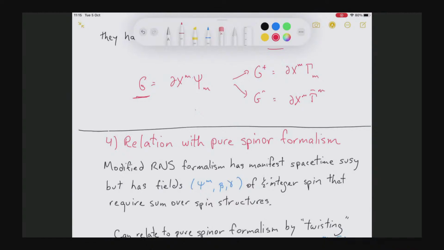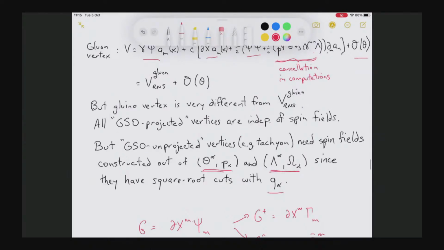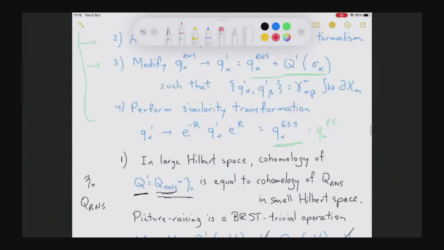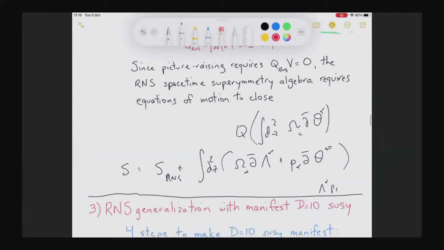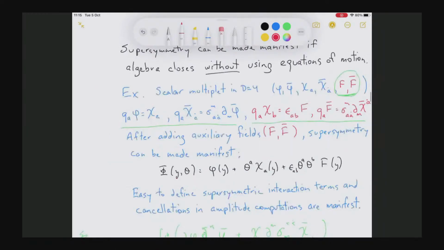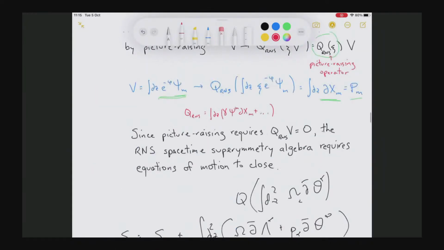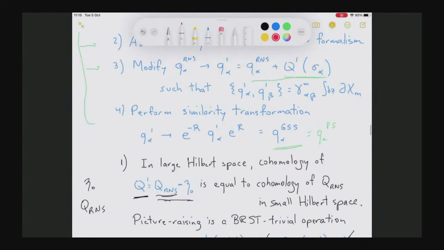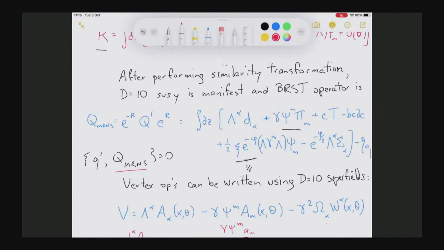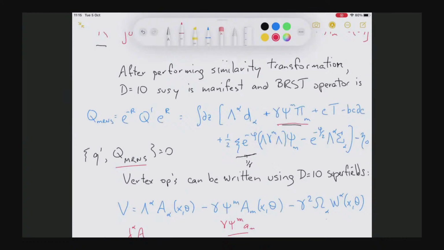So remember, the BRST operator in this RNS formalism, after you generalize, has a term which looks like it comes from the n equals 1 superconformal generator, but it also has this term.